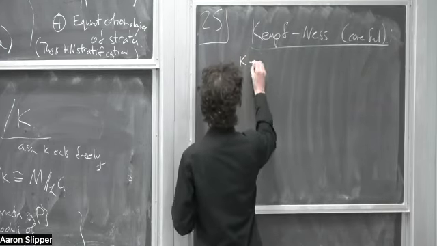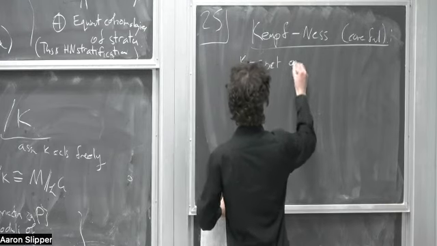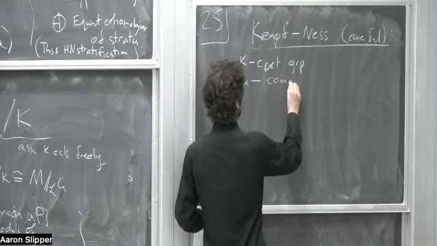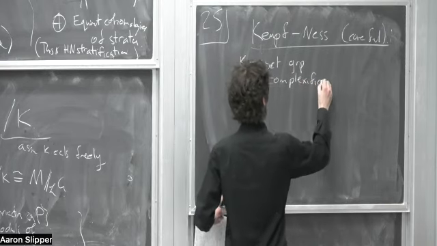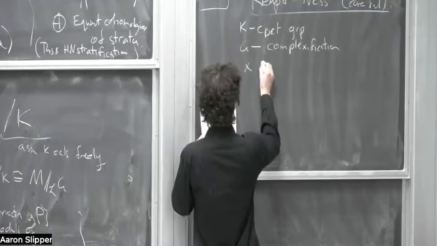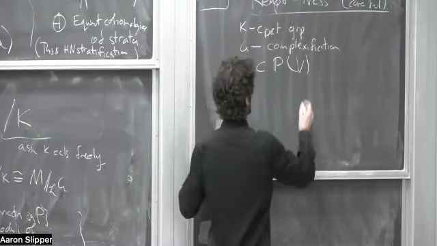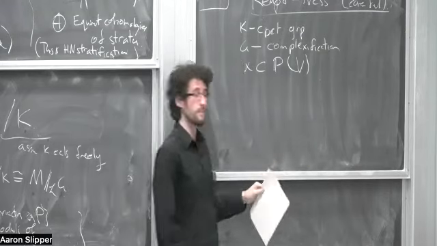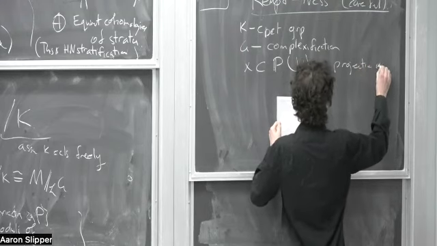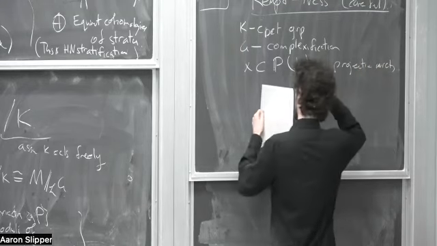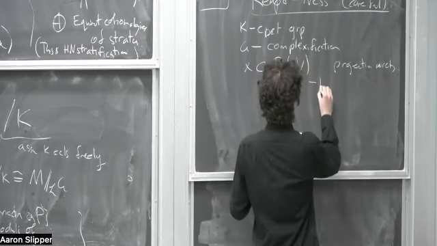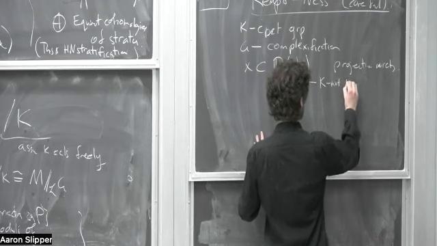Okay, so G, again, is the complexification of K. We take X, a subset of some projective space, a projective variety. We're going to need a K-invariant Kähler structure.